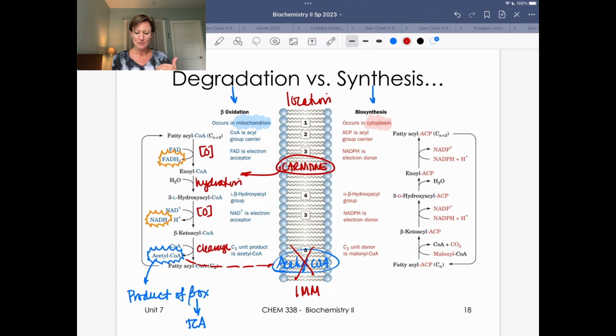Okay, so I think that's all I wanted to say about the degradative piece. We talked about that before. But now we're going to talk about the biosynthesis piece. One of the things to highlight is that if we have excess acetyl-CoA, and we should say that this is not excess acetyl-CoA derived from fats, because that would be a futile cycle, if we're breaking down fats and then have excess acetyl-CoA from fats. This is generally excess acetyl-CoA that's glucose or carbohydrate derived.